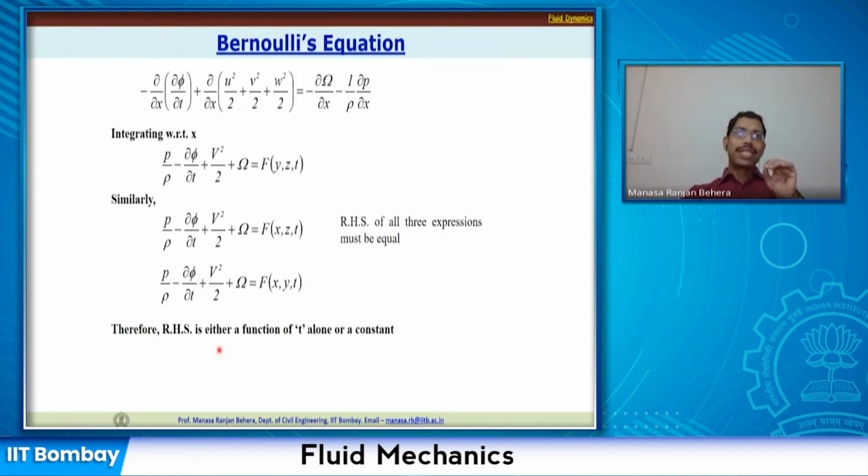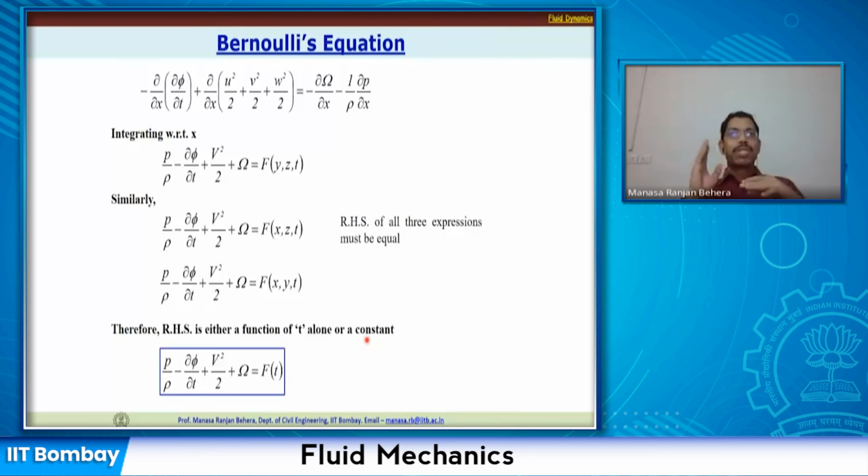So therefore the right hand side is either a function of t alone or it's a constant. Okay, so now we can rewrite this expression as p by rho minus dou phi by dou t plus v square by 2 plus omega is equal to a function of t, or it's a constant. Okay, so this is nothing but your Bernoulli's equation.